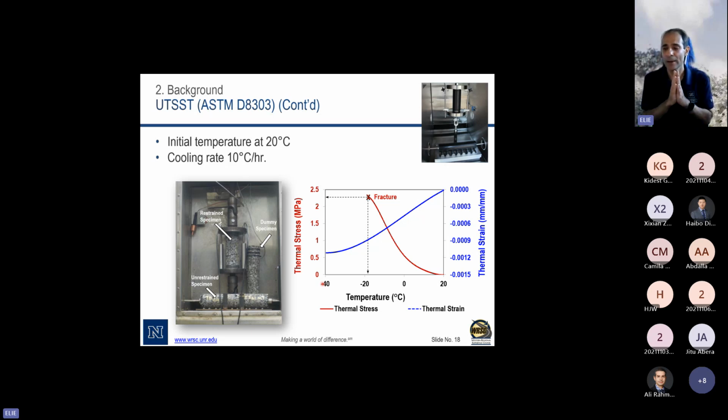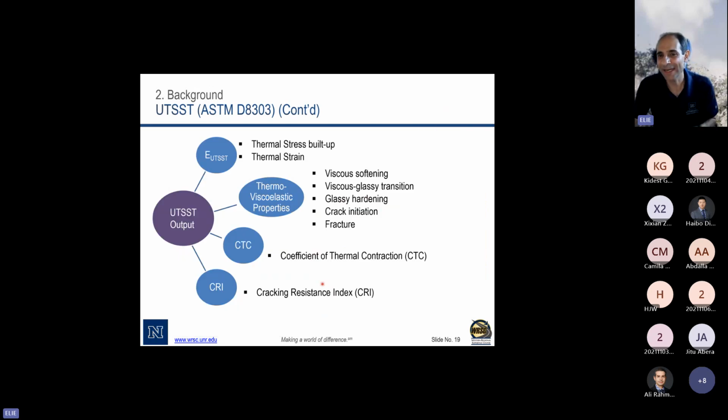Okay, now also an additional change that we made is the original test started at 5 degrees C. Now we start at a much warmer temperature, at 20 degrees C. And the reason for that is because we want to characterize the different phases of the asphalt mixtures. I want to characterize when the mix goes into the viscous softening, to the viscous glassy, to glassy hardening, to the crack initiation, all the way to fracture.